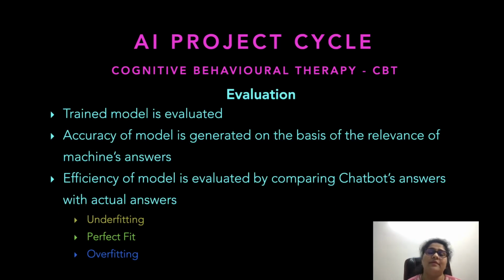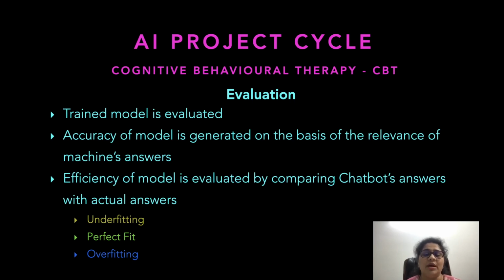And then once the data is fed into the AI model, that means my model is trained enough. Now it's time to test that. To test the model, to evaluate the model, what do we do? Testing is always important.